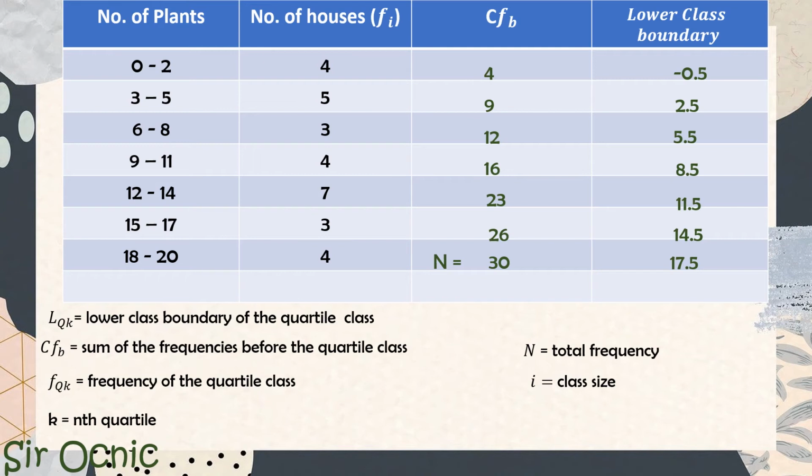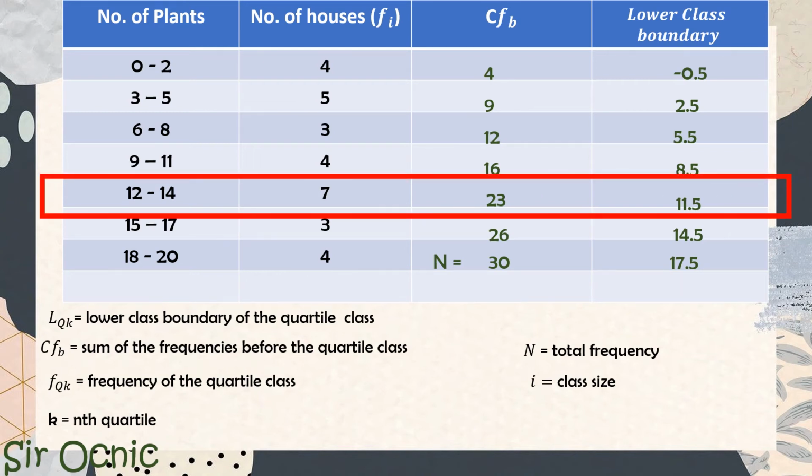The 22.5th score lies in the interval 12 to 14. The lower class boundary of our quartile class is now 11.5. The sum of the frequencies before is 16, the frequency is 7, and k is equal to 3. The total frequency is still 30, and our class size is 3.